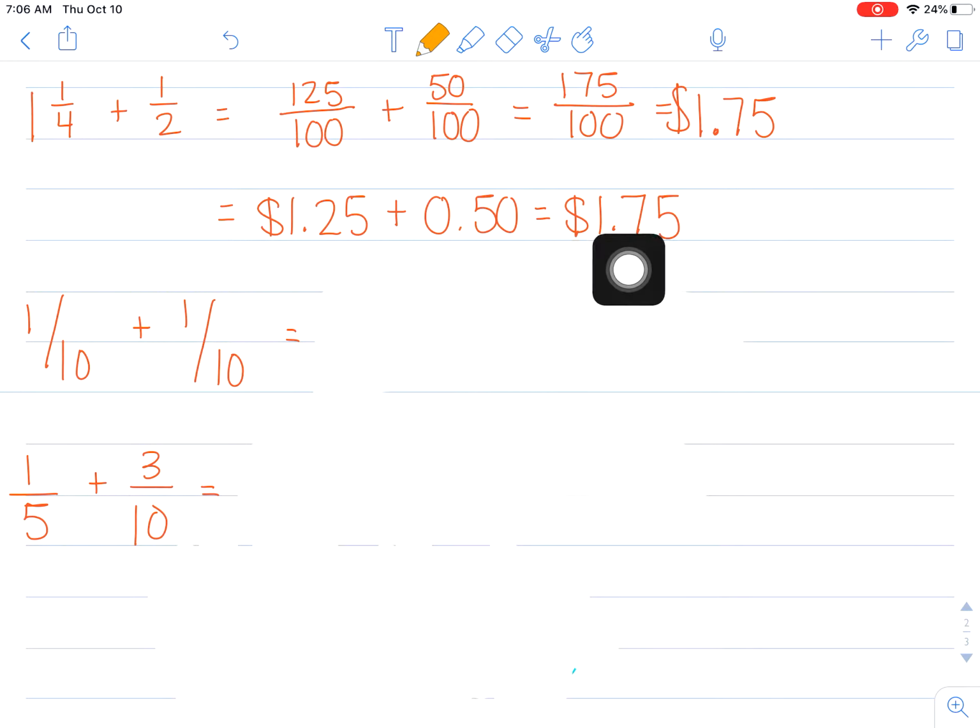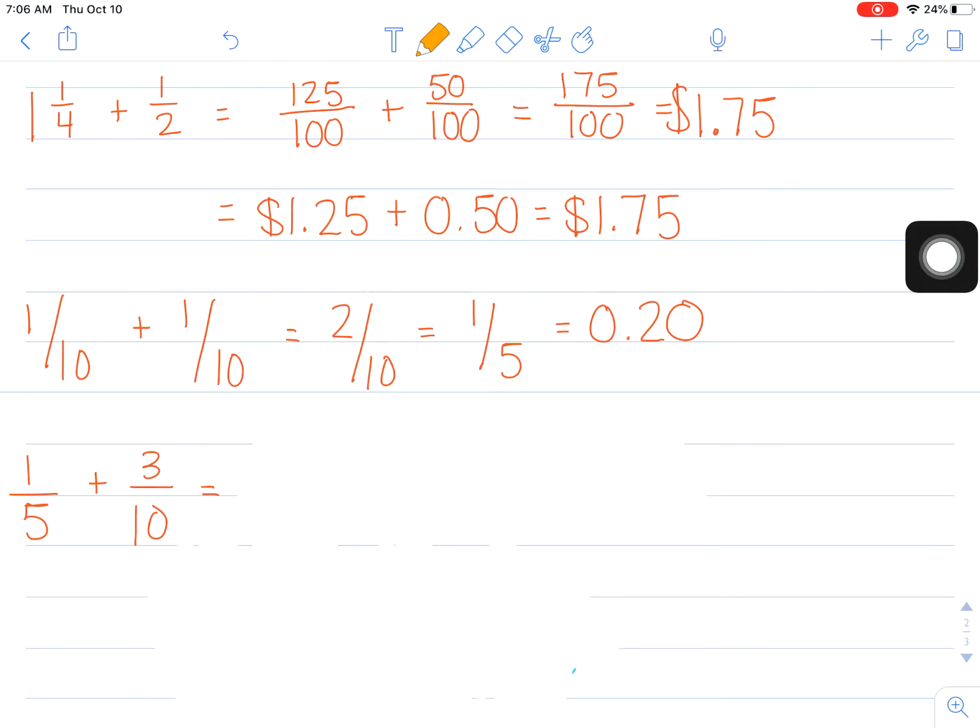Again, this is just another way to represent this exact problem. But going back to the next problem, hopefully you solved this as simply as possible. Now, these are common denominators, so these fractions can be added. You cannot add fractions with unlike denominators without finding an equivalent denominator first. So 1/10 plus 1/10 is 2/10.